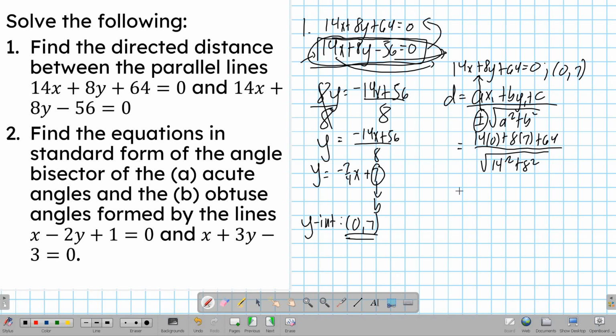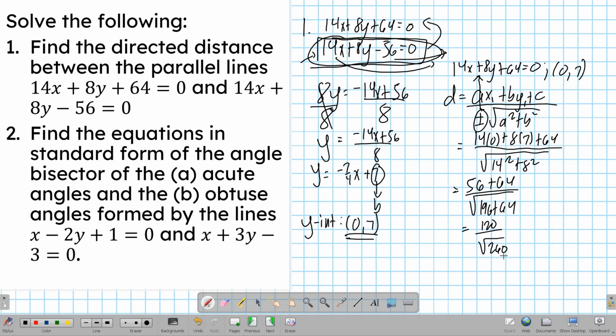So, 14 times 0 is 0, 8 times 7 is 56, plus 64 all over the square root of 196 plus 64. Therefore, I'm going to have 56 plus 64, that would be equal to 120 all over the square root of 260.